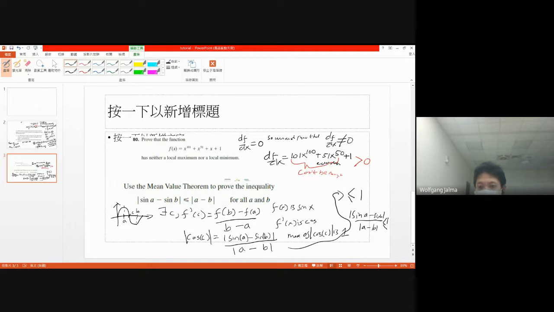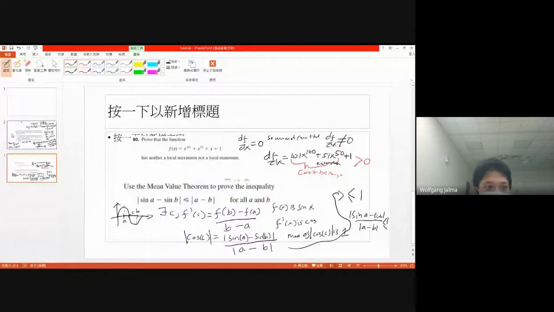Multiply both left and right by A minus B, and we get the answer. Okay, it's quite easy. Is it clear or not? I think it's clear, right?